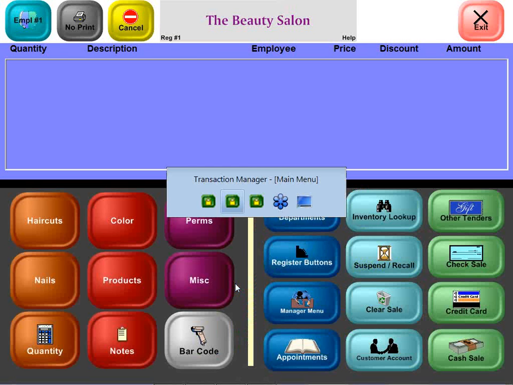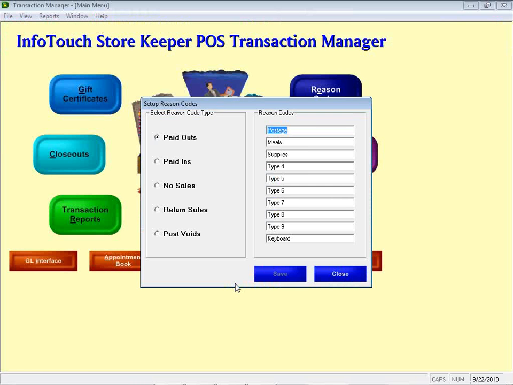There are actually 5 different types of transactions where we allow you to separately put in the reason codes associated with them. Paid ins, no sales, return sales, and post voids. So on any of those transaction types, if you try to do something, it is going to first insist you tell us, why are you doing this? What's the reason code?